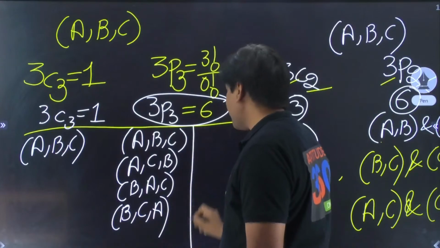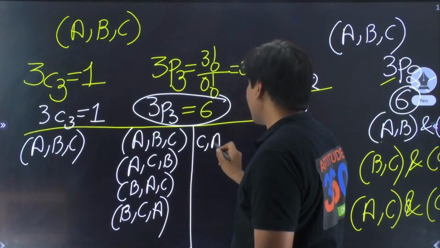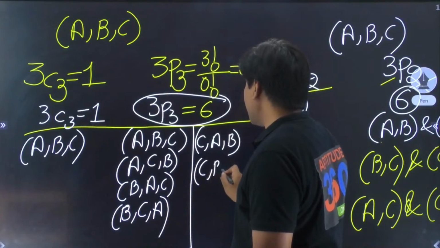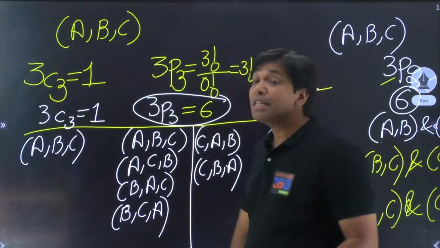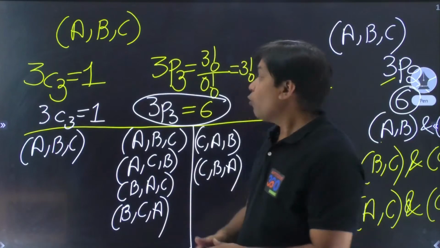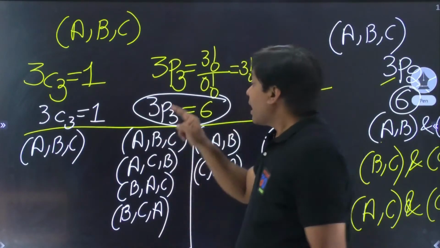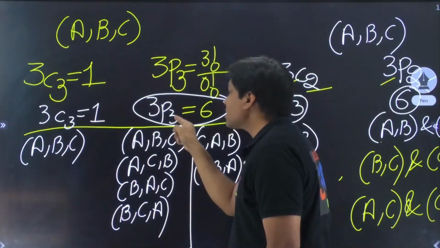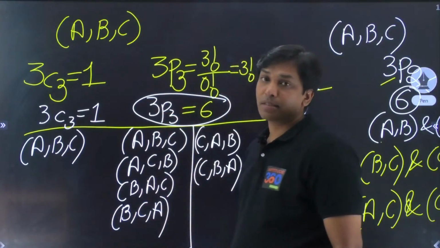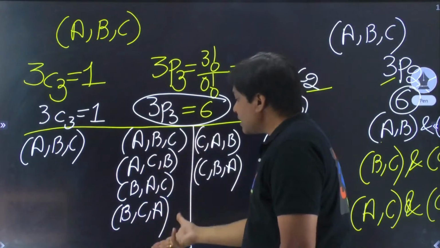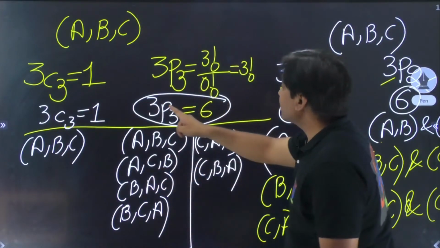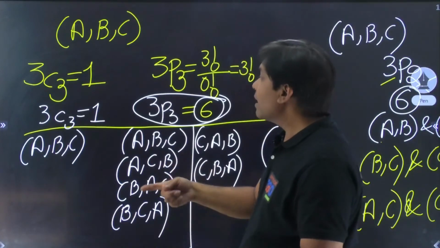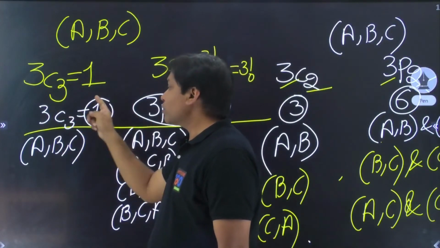Or it can be C A B or it can be C B A. So how many ways are there when you do the selection and arrangement of 3 items at 3 places? This is being done in 6 ways. So that's why 3P3 is nothing but 6, whereas 3C3 is nothing but 1.